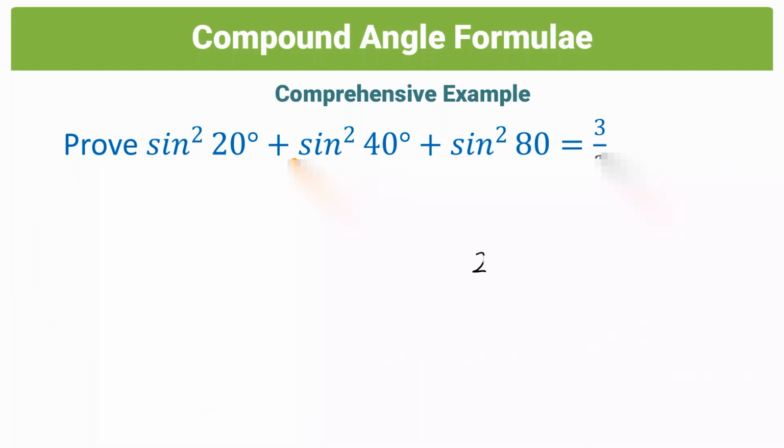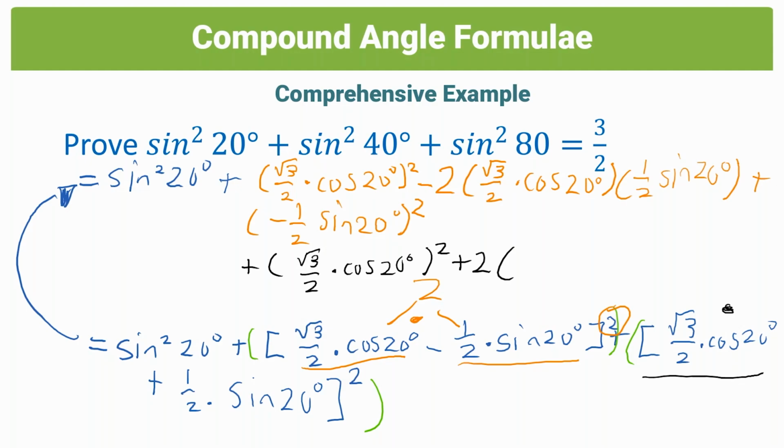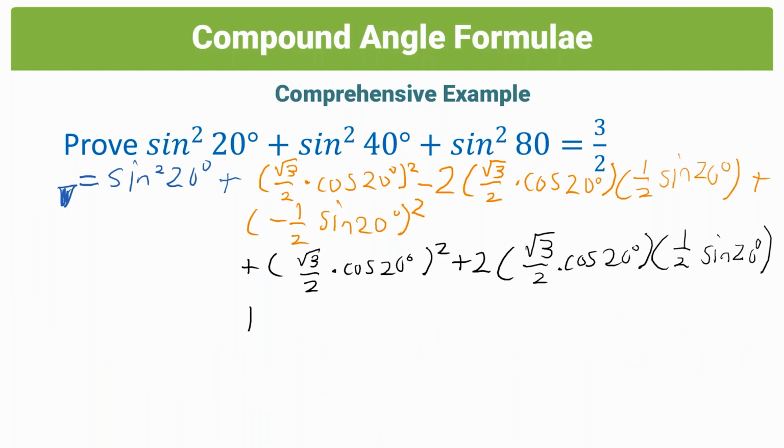We say plus 2 times our first term, root 3 over 2 times cos 20 degrees times our last term, half sine 20 degrees, right? And then we add the square of our last term, which is going to be plus half sine 20 degrees all squared.